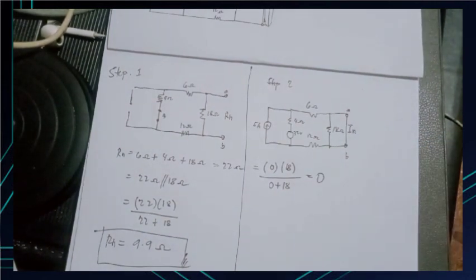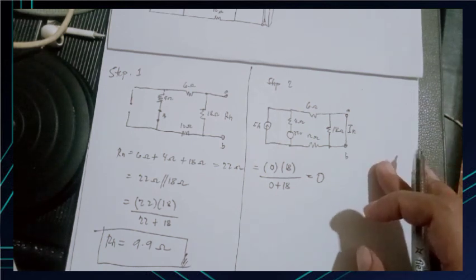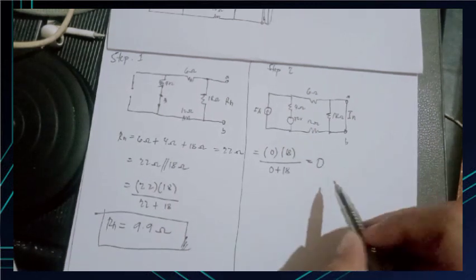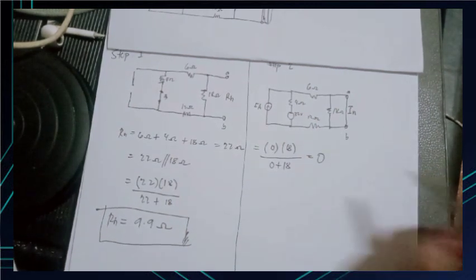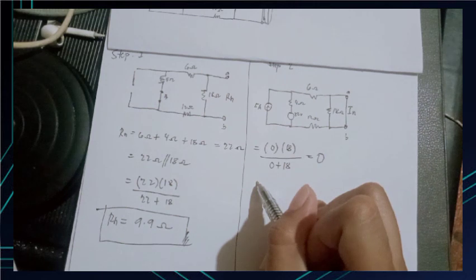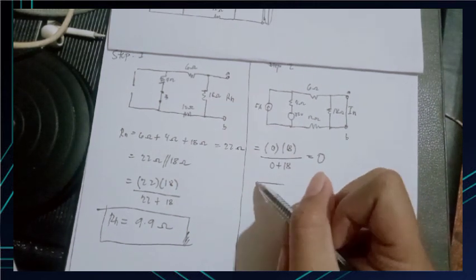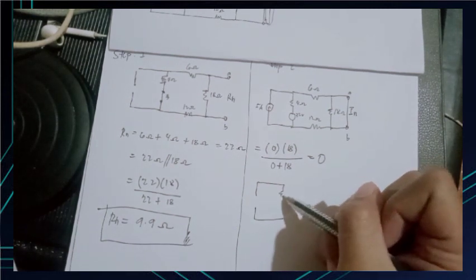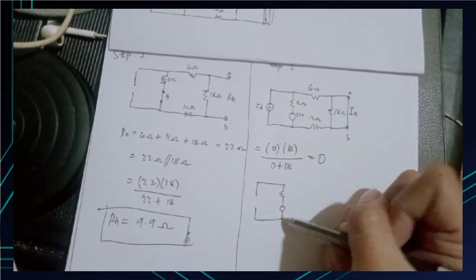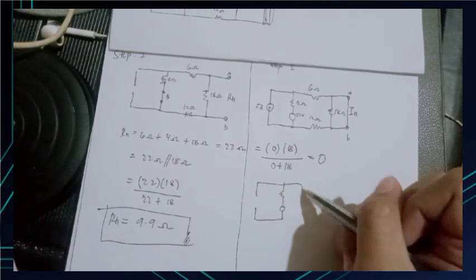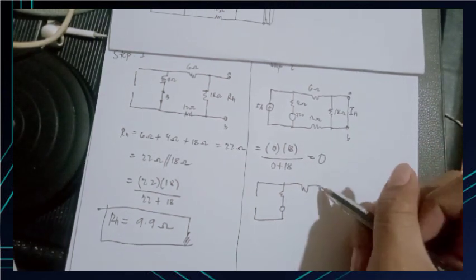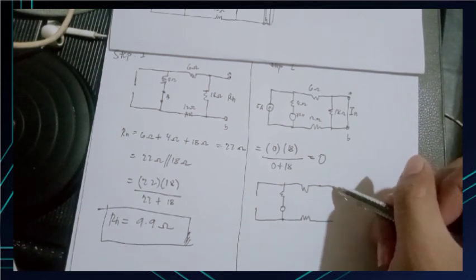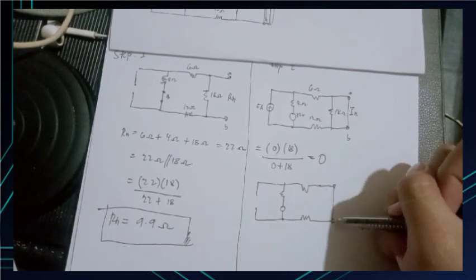So, walang dumadaloy na current, wala na ring dumadaloy na voltage. 0 na siya. So, it's better, tanggalin na rin natin to. So, magiging ganito na yung form niya. Magiging diretso na lang siya.